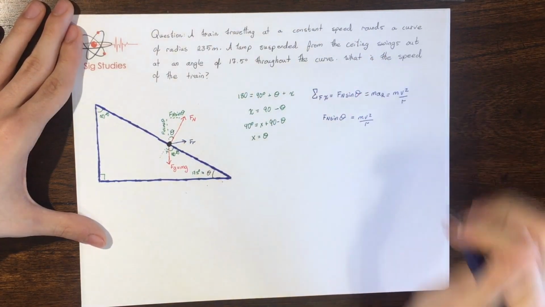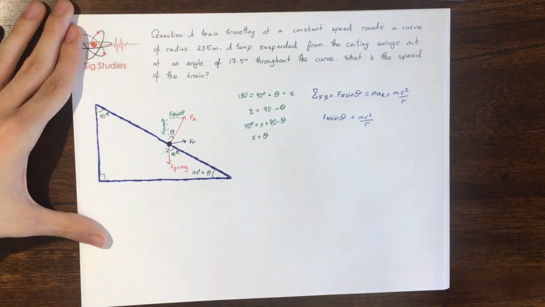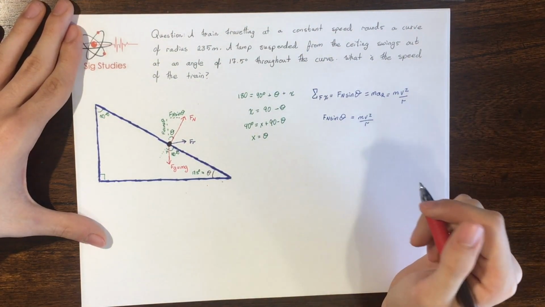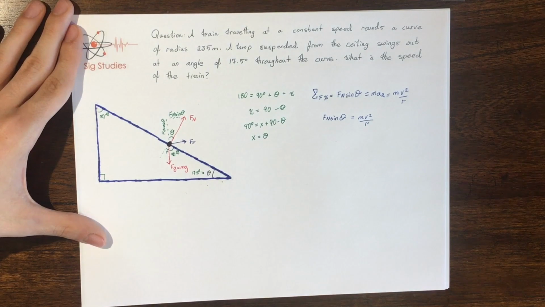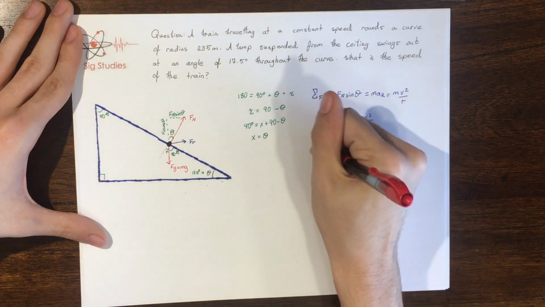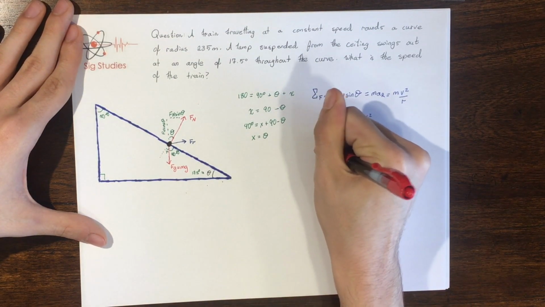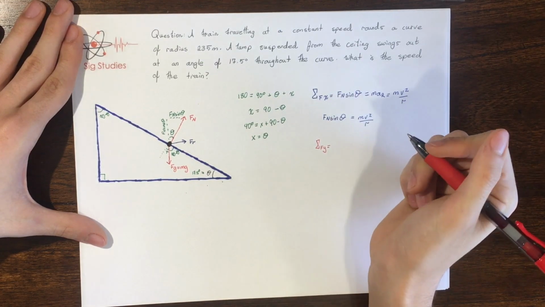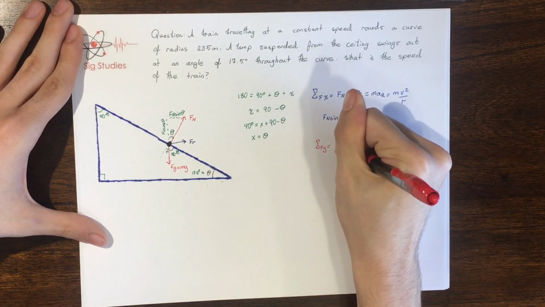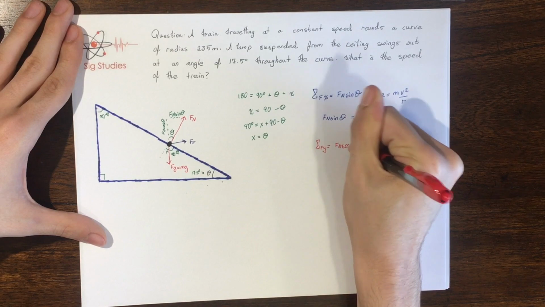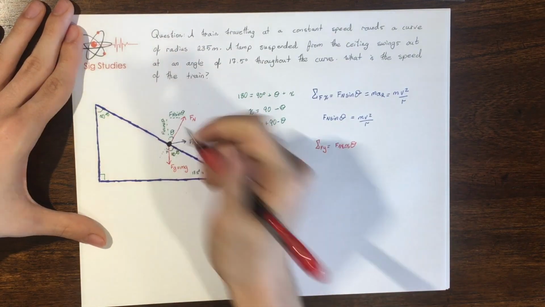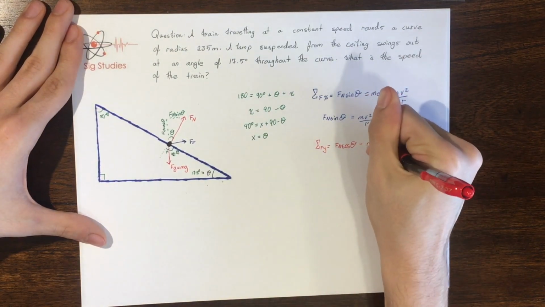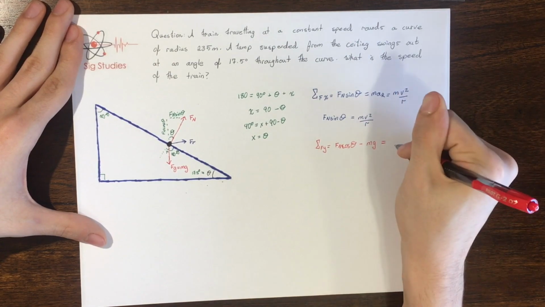Now we want to work in our y direction. And now we actually have two forces. The summation of the forces in the y is equal to Fn cosine of theta, since it's moving in the y direction, minus mg, is equal to ma.